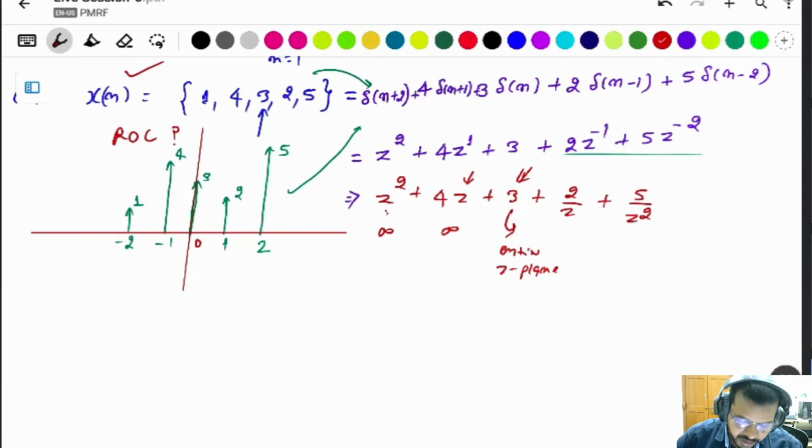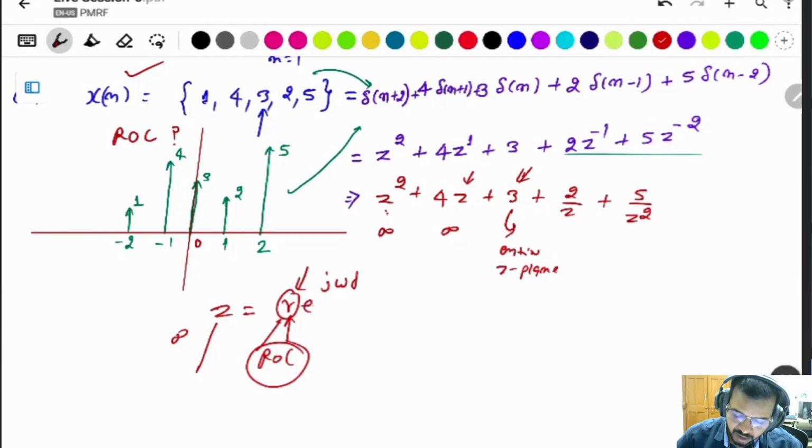You know Z should be r e power j omega, and this is the ROC. If you put infinity, then r will be infinity. It means you are putting r equal to infinity, then Z is equal to infinity. You have to define this r in some range. That's why I wrote Z in the range. The magnitude of this one will be r only, because this is the angle only.